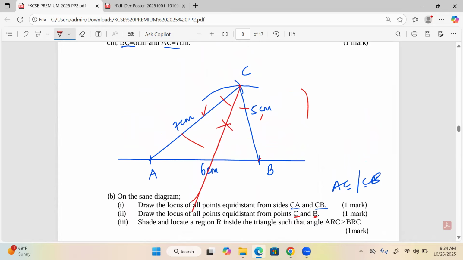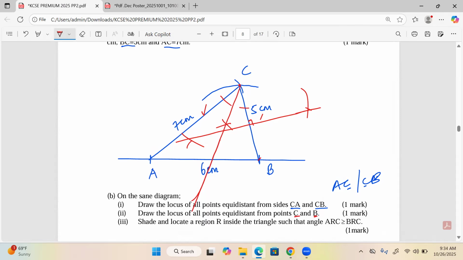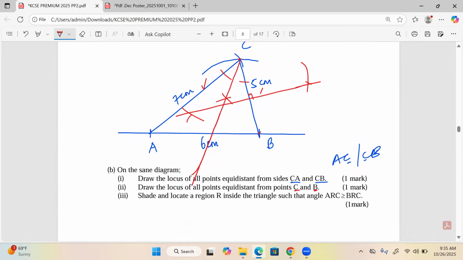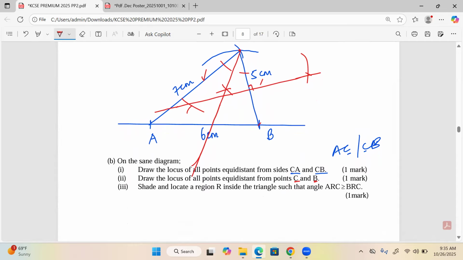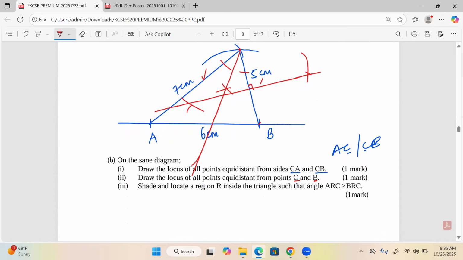Then you stand at B and you cut those arcs so that you produce a perpendicular bisector to BC. So you see, locus of points equidistant from two fixed points, you bisect the line joining the two fixed points, but equidistant from two lines, you bisect the angle between the lines like that.